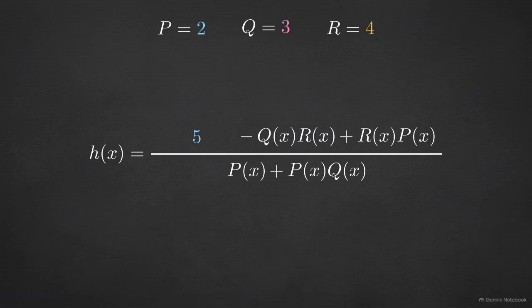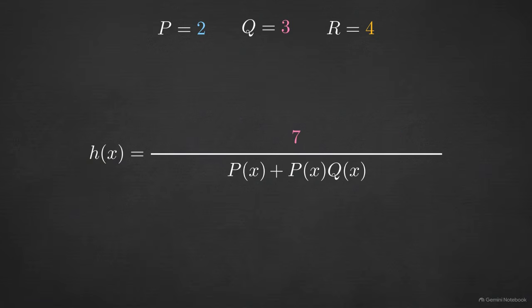Substituting those values into the first term, p times q yields a degree of 2 plus 3, which is 5. Continuing across the numerator, q times r gives us 7, and r times p gives us 6. Because we are adding these terms together, the maximum degree, 7, dominates the entire top half of the function. Down in the denominator, adding the degrees of p and q reveals that the bottom half is dominated by a degree of 5.